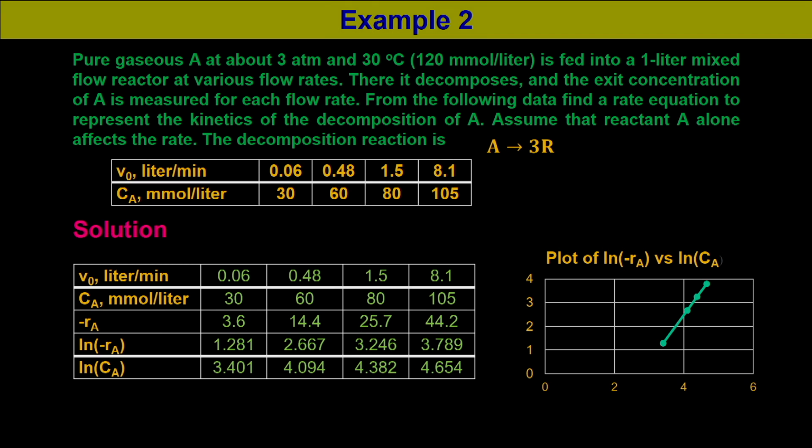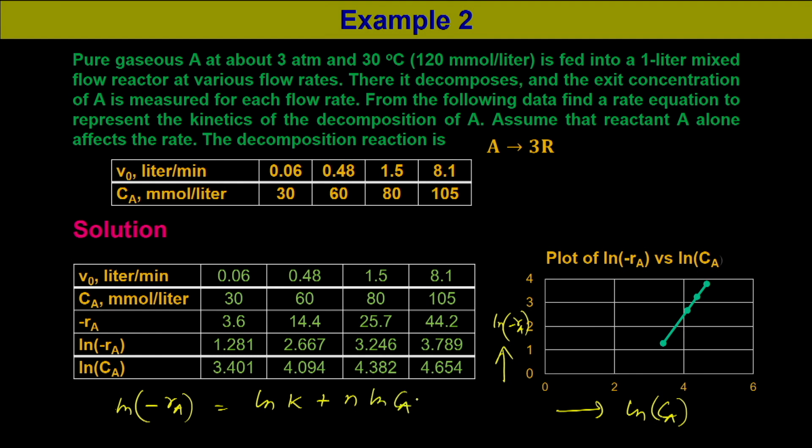So, this is ln(minus r_A) and this is ln C_A. This will give a straight line, following that equation: ln(minus r_A) is equal to ln k plus n ln C_A.